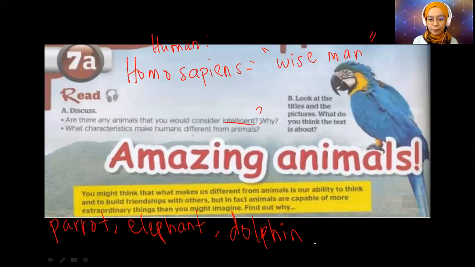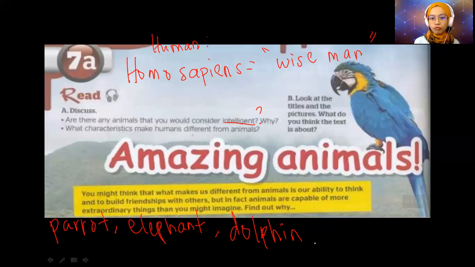Dolphins, the way they communicate with humans, and people do mention dolphins as one of the most intelligent animals around.